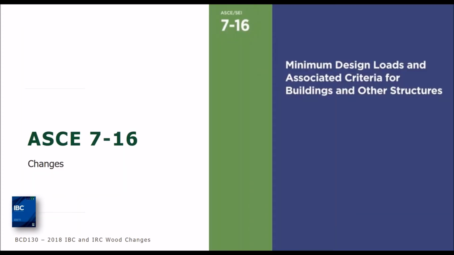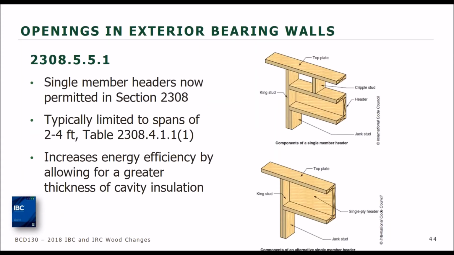This is reflected in the provision for headers, which now permits a single header under 2308. These are typically spans of 2 to 4 feet, but this allows for additional insulation in this cavity with a single header.